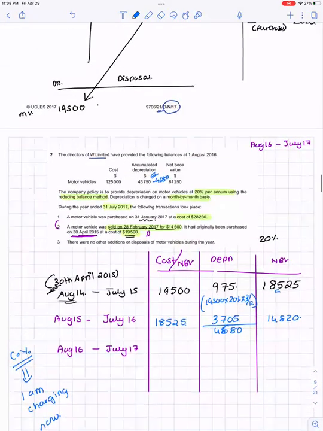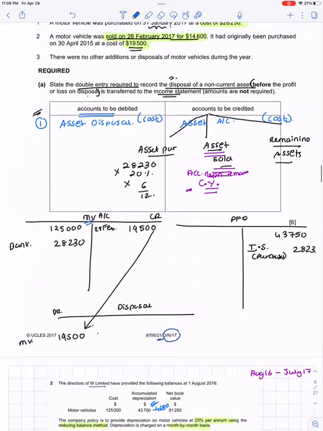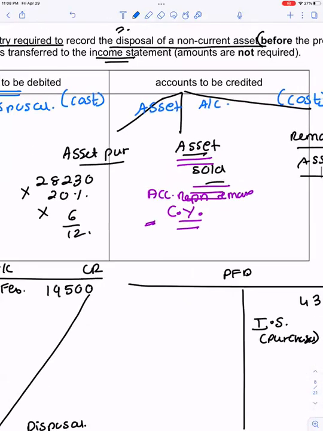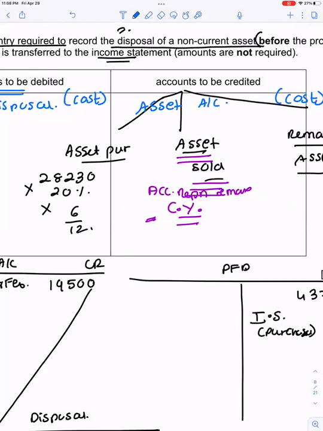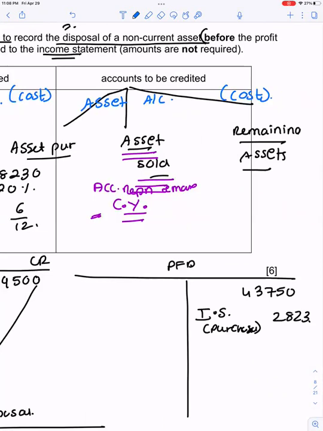Whenever I do the written down value method on a month by month basis, we calculate depreciation on three things separately: depreciation on asset purchase separately, current year depreciation on assets sold separately, and depreciation on remaining assets separately.